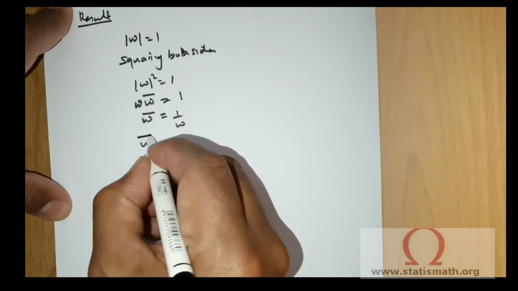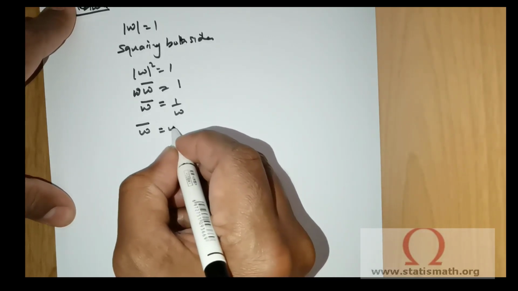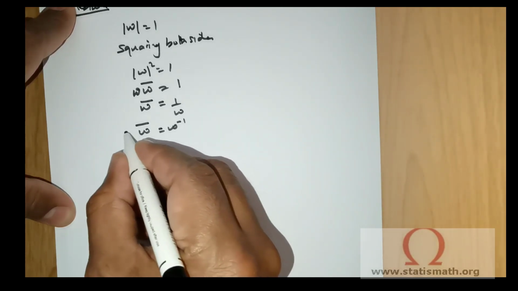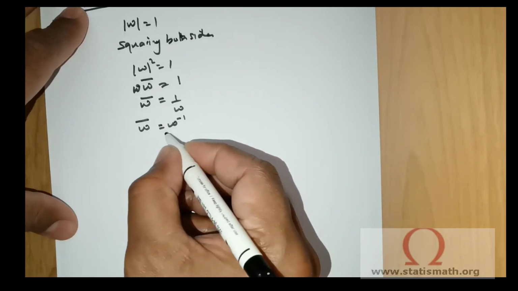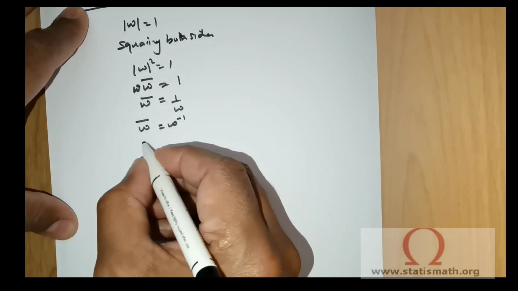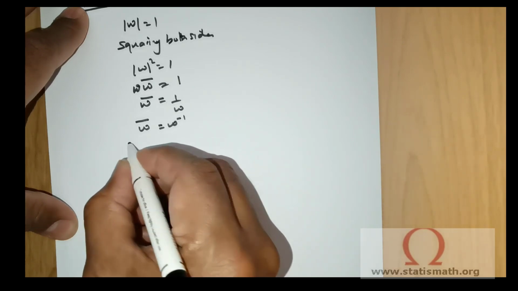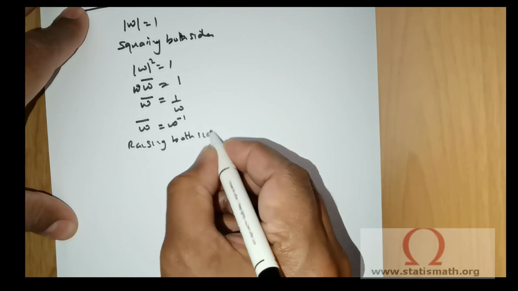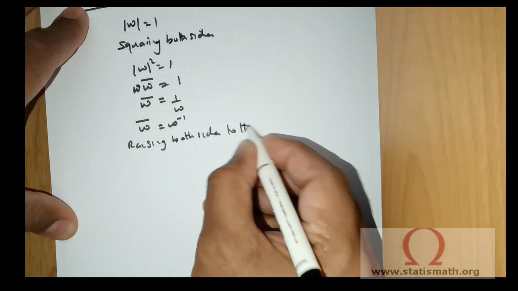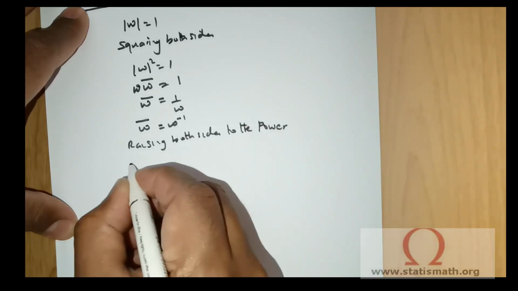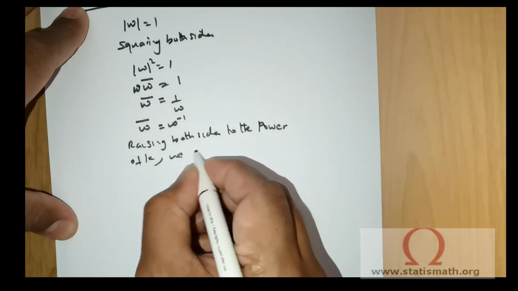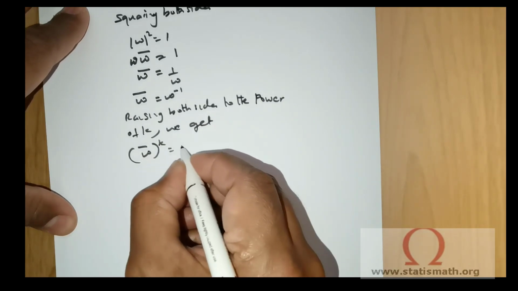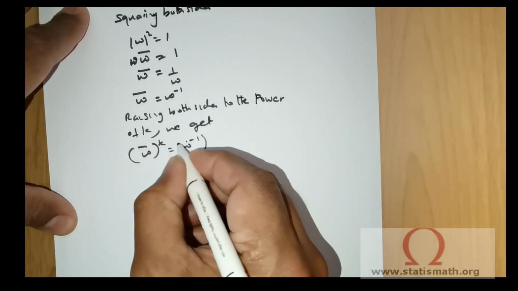This can be further rewritten as omega bar is equal to omega raised to the power negative 1. So this is a very critical result that you have to know. Now, raising both sides to the power of k, we get omega bar raised to the power k is equal to omega to the power negative 1, raised to the power k.